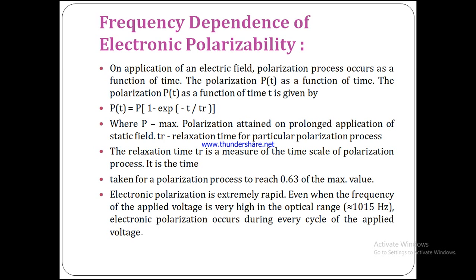Now, it is assumed that the electrons in an atom vibrate naturally at some frequency, which differs for different materials. If we apply an electrical field, that is, an external electrical field, then the electrons are set into forced vibrations.